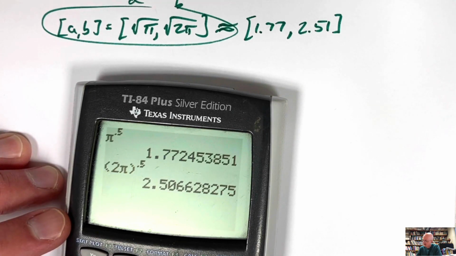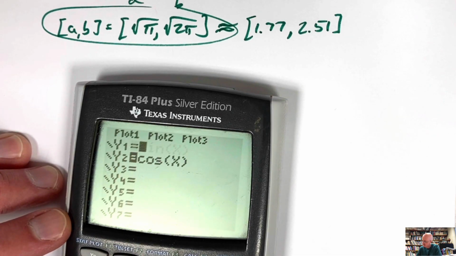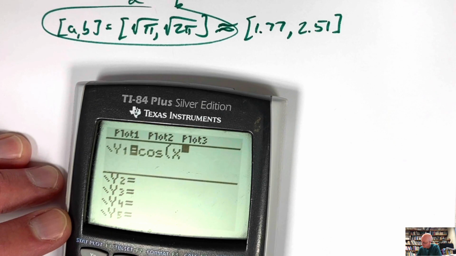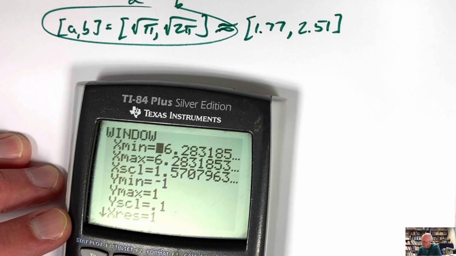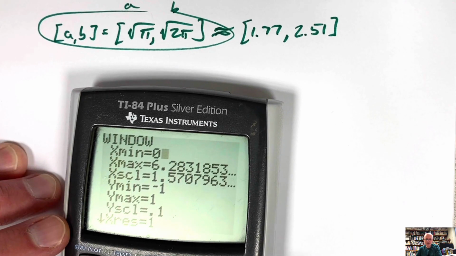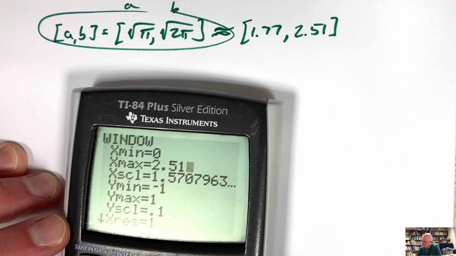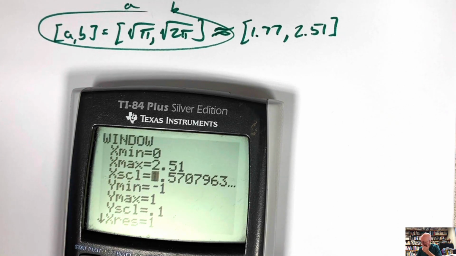All right, let's go ahead and make a graph here, clear these out. So the function is cosine of x squared. That's the original function that we're thinking about here. Let's go a window from 0 to 2.51, so we more easily see it here. And let's make the x scale maybe so we see a tick mark at 1.77. Hopefully that'll do what I'm hoping for there.